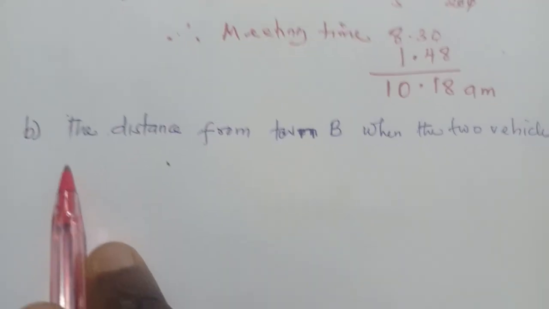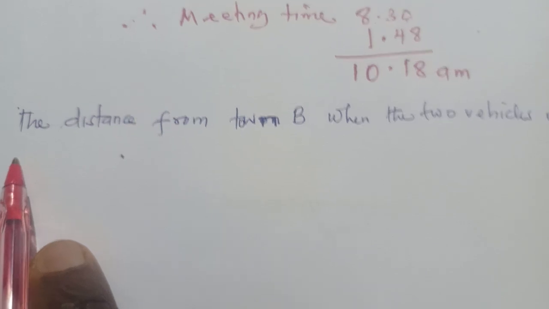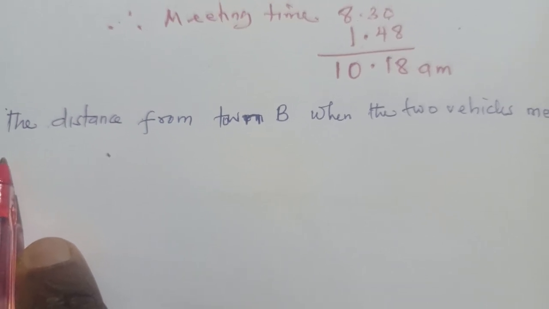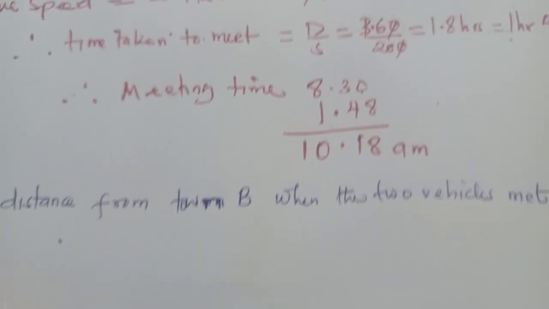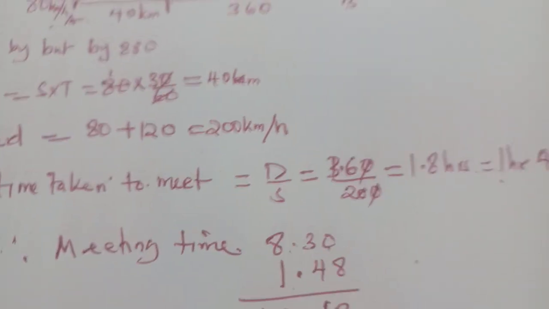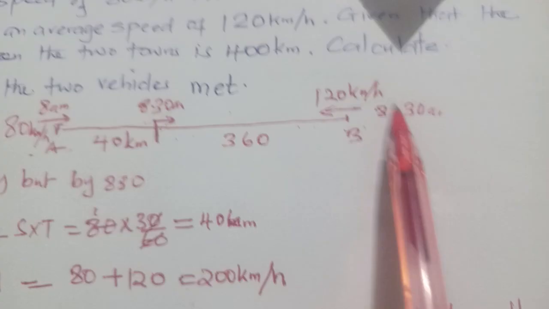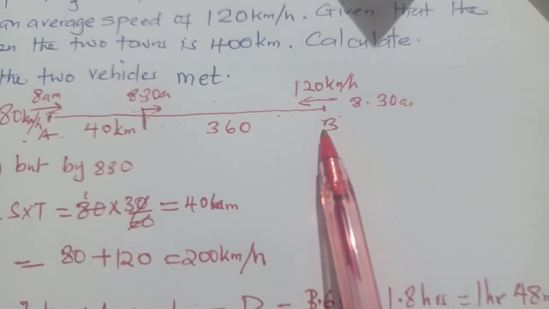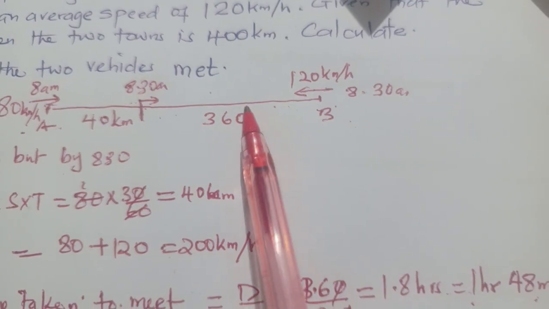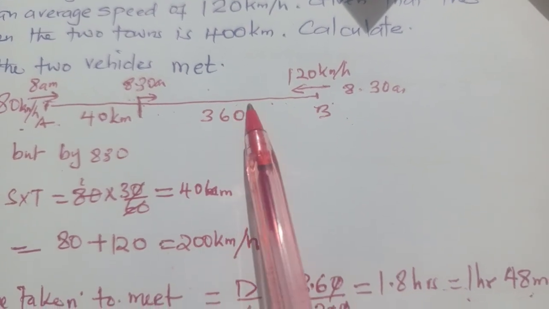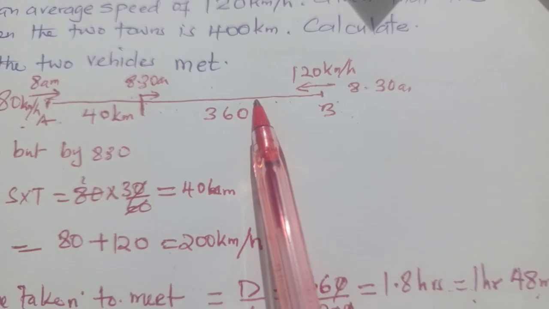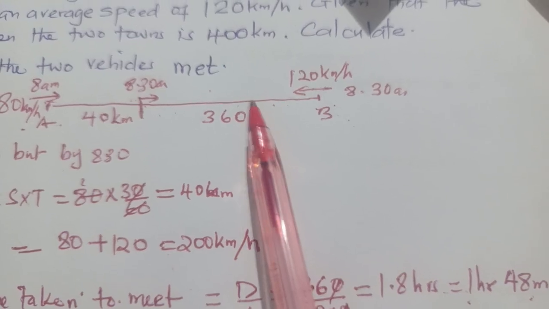Then in the second part, we ask the distance from town B when the two vehicles met. If this is town B, they met in between here.